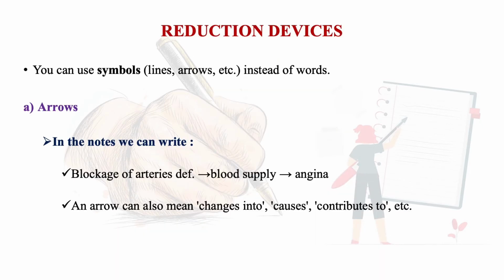What is the meaning of the arrow here? Remember, an arrow can mean changes to, or it may also mean causes, or contributes to. So when I'm saying blockage of arteries causes, or changes into, or contributes to blood supply, and then it causes angina. This is the meaning of the arrow being used here.